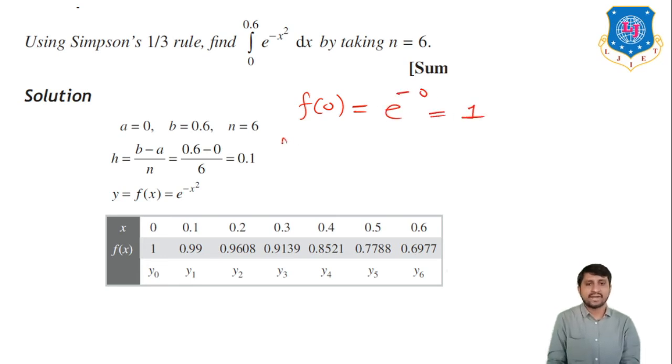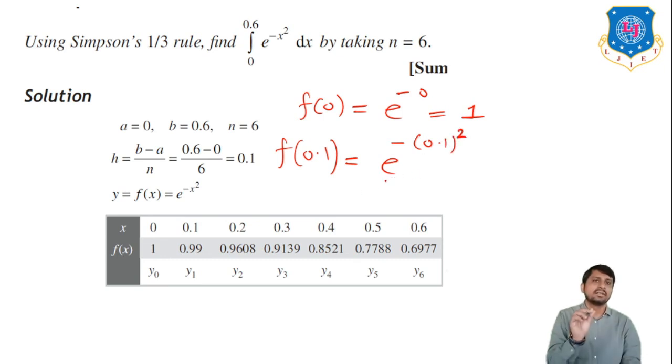Now suppose you want to find f of 0.1. You have to put e raised to minus 0.1 whole square in your calculator. Please all students use your calculator very properly, otherwise you will get a wrong answer. You need brackets in the calculator. If you have any doubt, find 0.1 square first and then put the value here. So you will get 0.99.